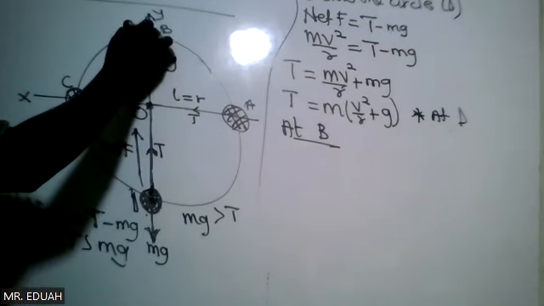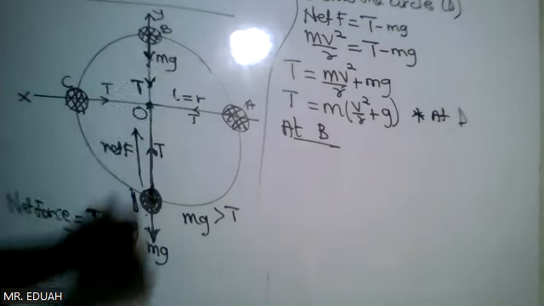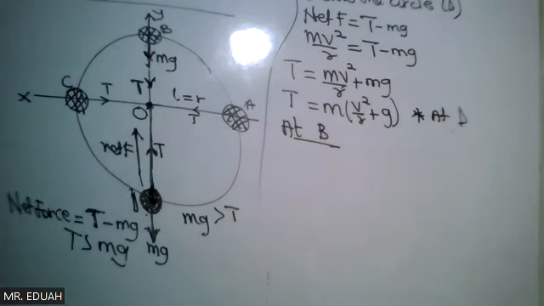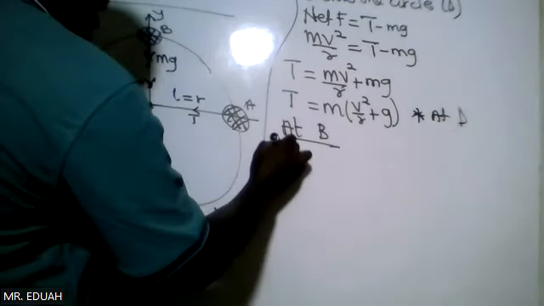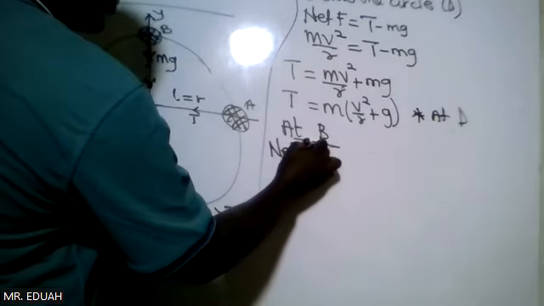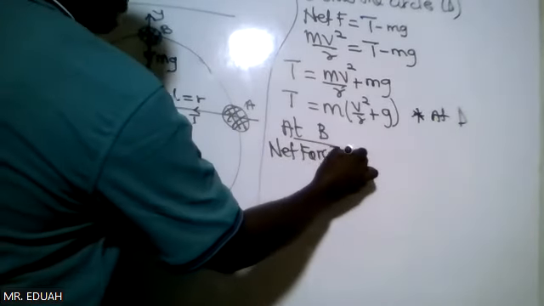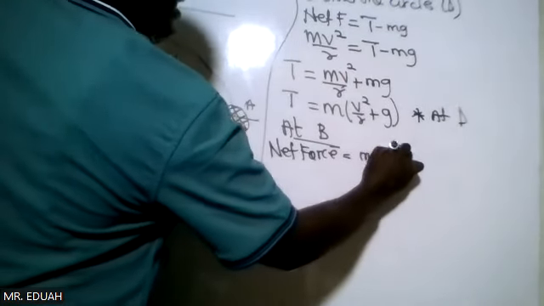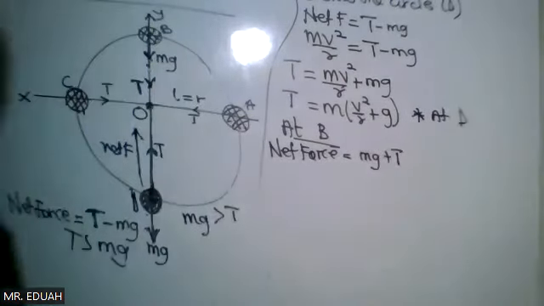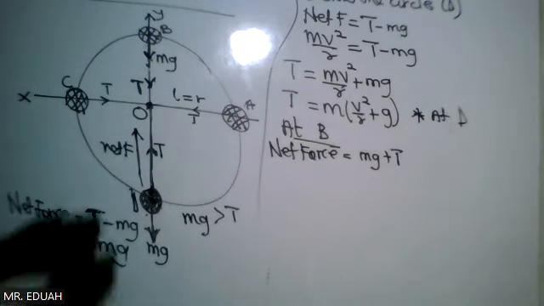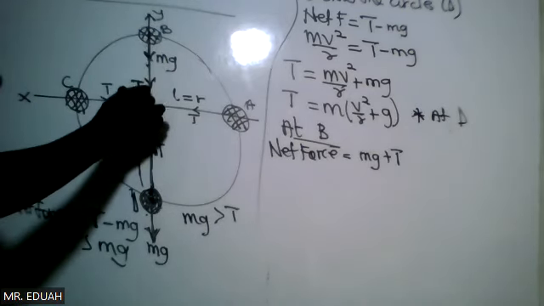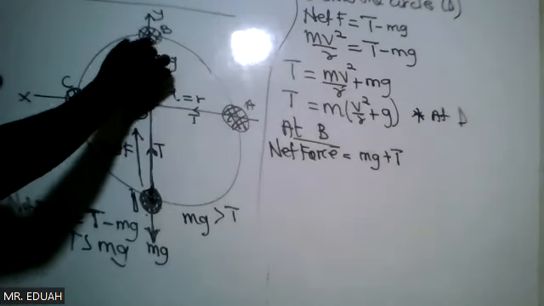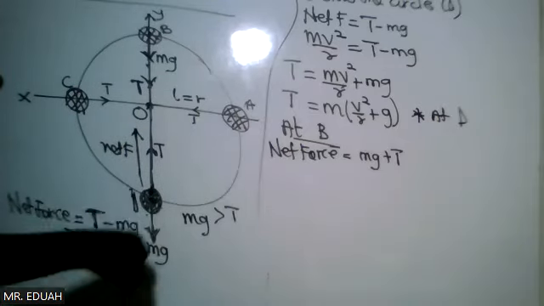So when we look at the total force on the body, we realize that the net force is given by the weight of the body plus the tension within the string. The direction of the net force will be towards the center.